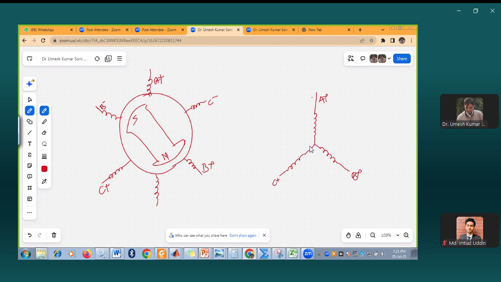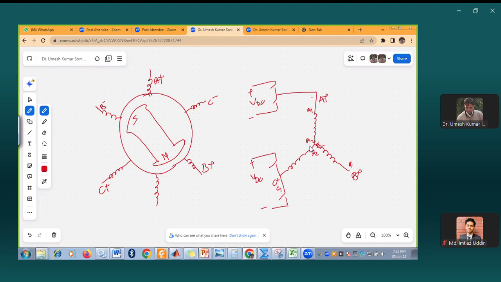We can also say C1, C2, B1, B2, A1, and A2. So A2, B2, and C2 are connected together to make the star point, and in every terminal there is one DC source and one switch, VDC plus minus in every terminal of the phase.